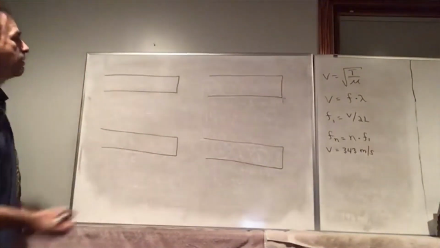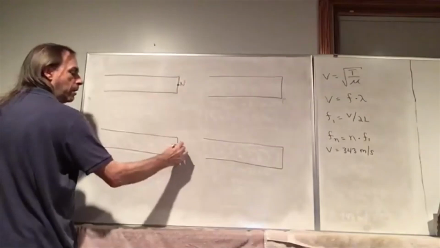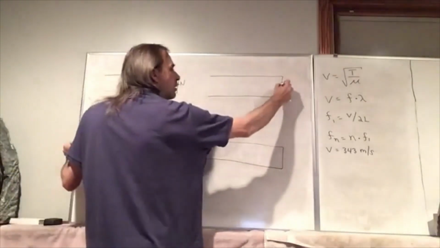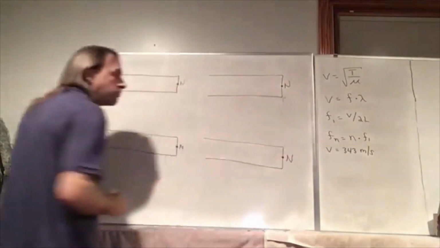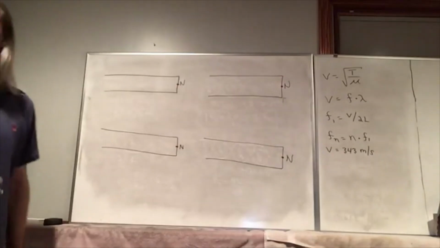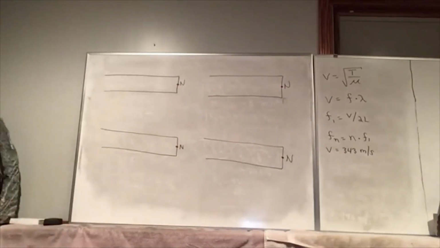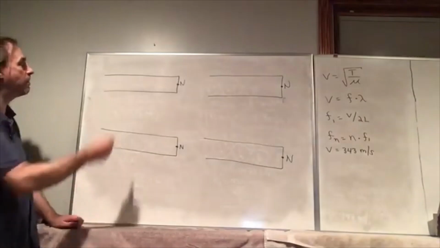Okay, so remember we have a node at the closed end because we're looking at amplitude, and an antinode at the open end. So like before, we want to find the biggest wave that we can fit in here for the fundamental.